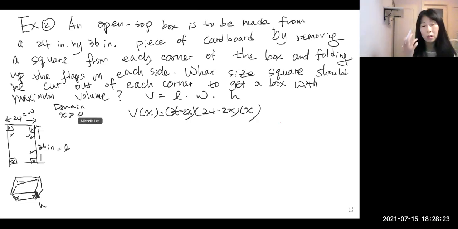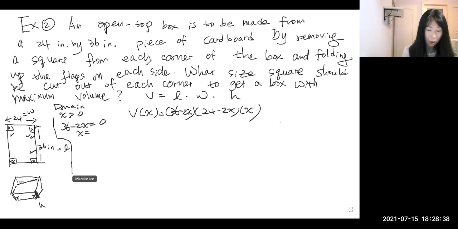But then what about the maximum? How about 36 minus 2x set equal to 0? Then what will x be? Can anyone use a calculator for us? It's 18, thank you. Okay, look, if we plug in 18 into 24 minus 2x in the width, we get a negative. So we don't want that.